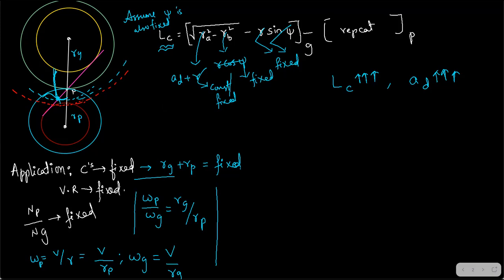So the addendum radius of the gear is touching the base circle of the pinion. Can you see that? So is this a problem?